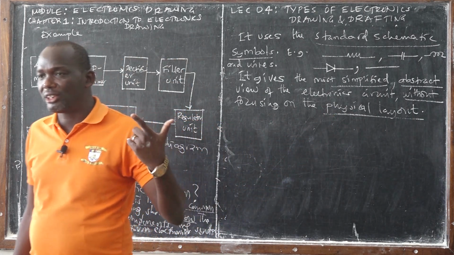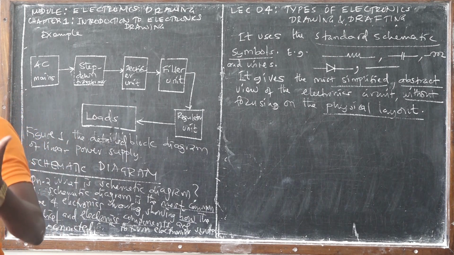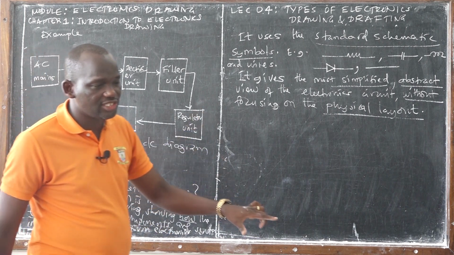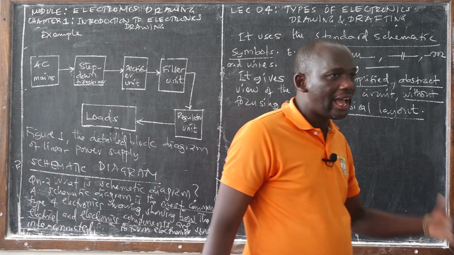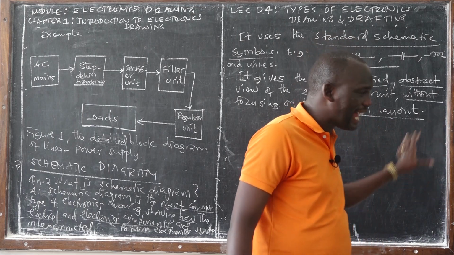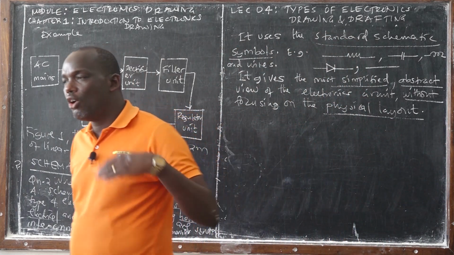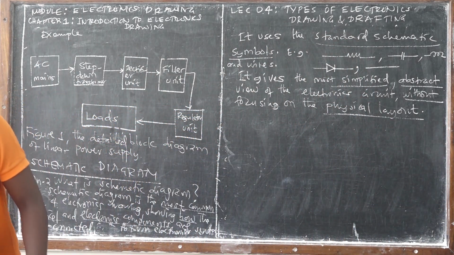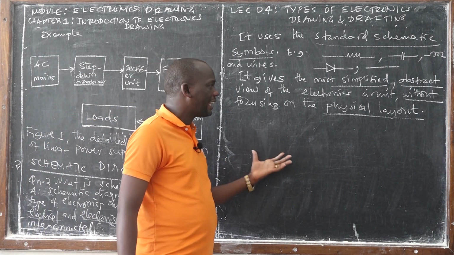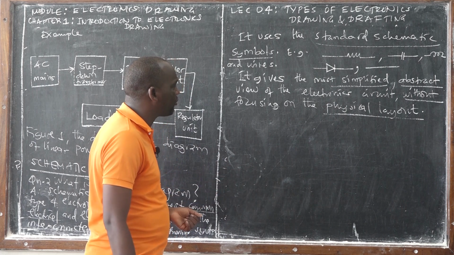If you have the fundamentals of electronics and you are given an assignment to read and understand, the schematic diagram is simple to understand: this is the resistor, this is the capacitor, this is the transistor, this is maybe an op amp, and this is maybe an AND gate or the OR gate or the NOR gate. That's very important. That gives the most simplified.